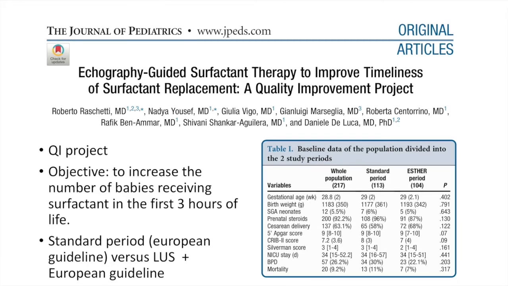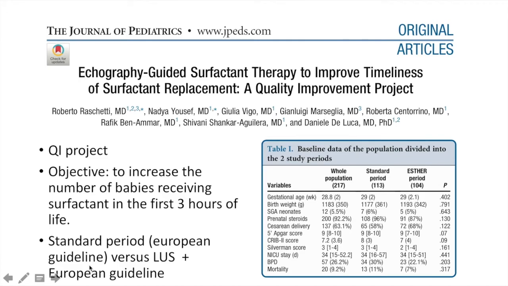So these authors have shown that lung ultrasound would predict the need for surfactant in preterms less than 30 weeks, and it has been shown that delayed administration of surfactant after 3 hours after birth would increase chronic lung disease. So they subsequently looked, as part of a QI project, if performing lung ultrasound would allow to increase the number of babies receiving surfactant in the first 3 hours of life.